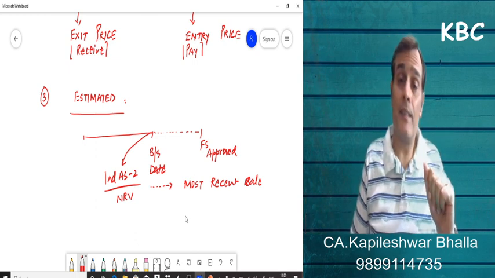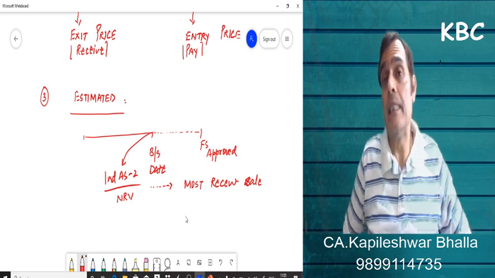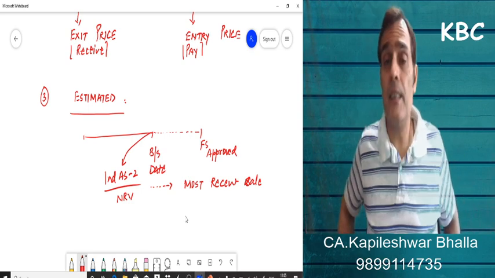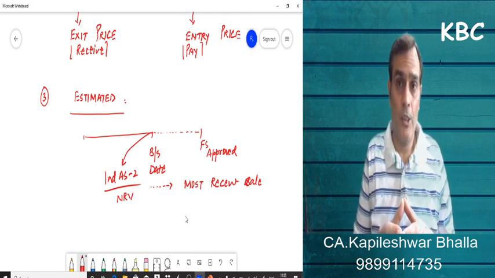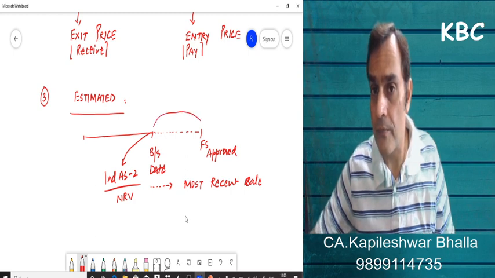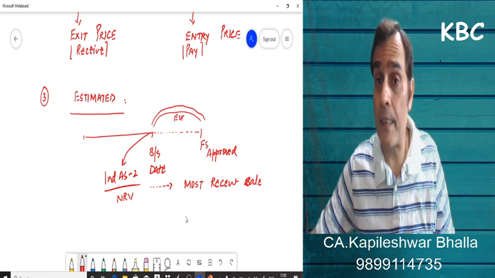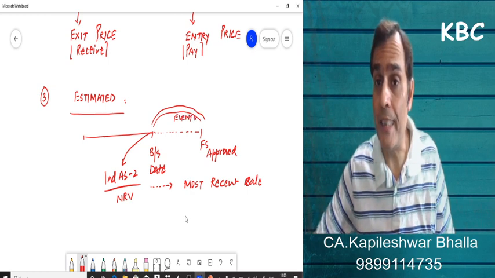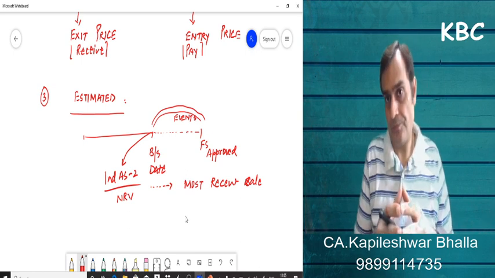So we know that there is a concept called events occurring after the balance sheet date. In terms of Ind AS, we say it is events after the reporting period. So there might be events which will occur in this period, and there might be events which will occur after the reporting period, that means between the balance sheet date and the date when the financial statements are approved.